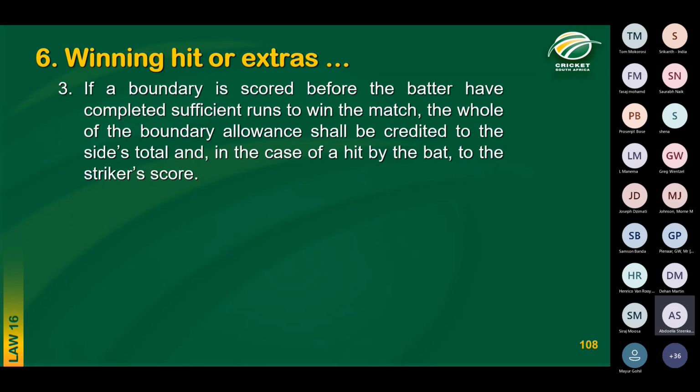So the law tells us that, yes, they only needed 1 run to win the game, but because the boundary was scored before the run was completed, that boundary will be added to the batter's score as well as the batting side's score.